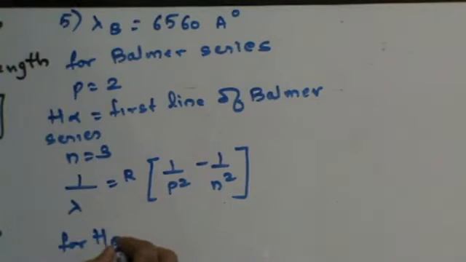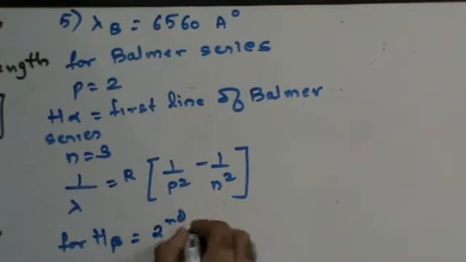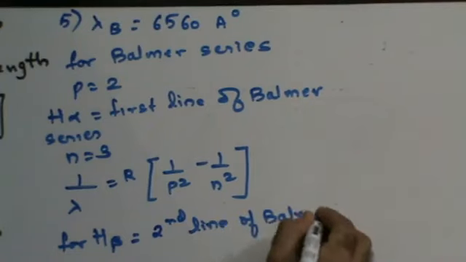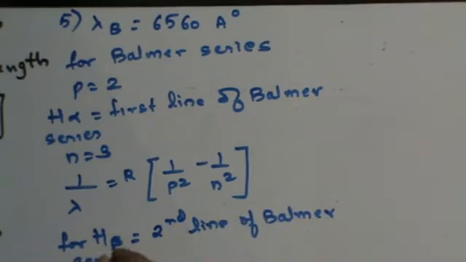For H beta, H beta means the second line, guys. Remember, H alpha is the first line, H beta is the second line, H gamma is the third line. So H beta is the second line of Balmer series, so n will be equal to 4.